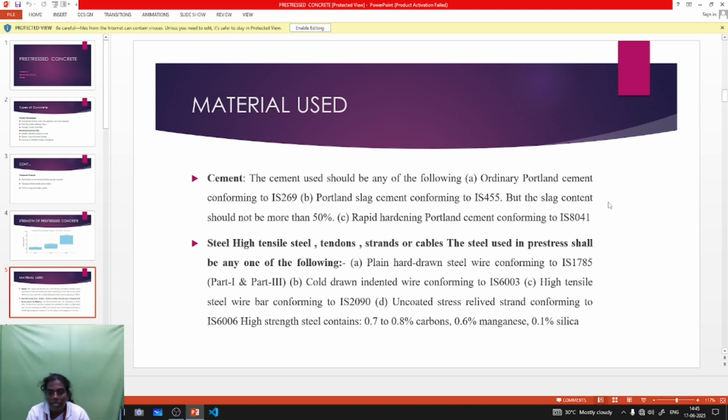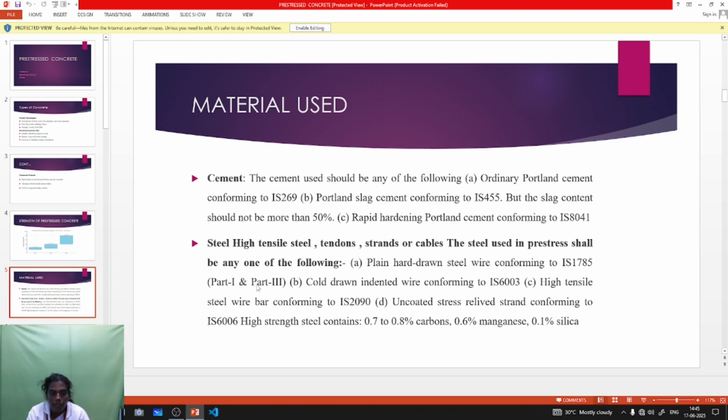The slag is steel waste, produced by steel companies, and it is not more than 50%. It is used for prestressed concrete. Next, rapid hardening Portland cement conforming to IS 8041 is used for prestressed concrete. So this is the cement.